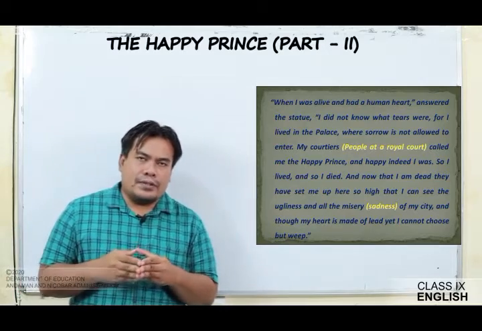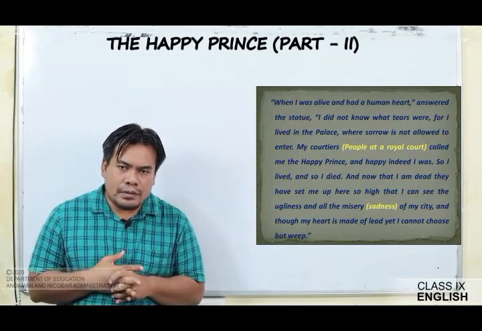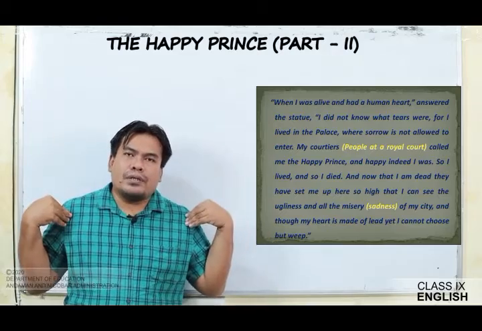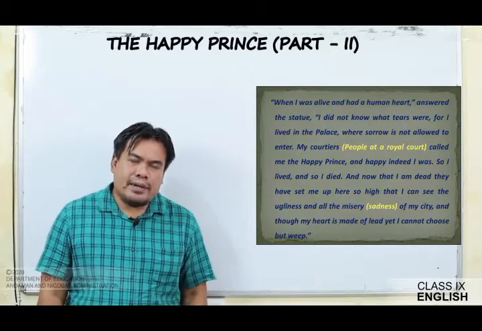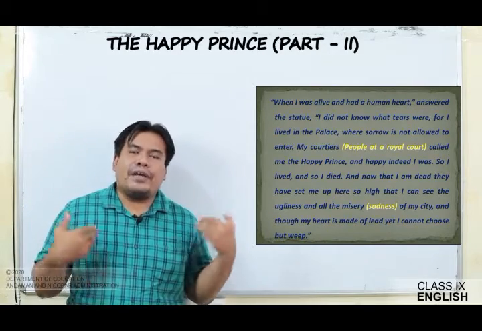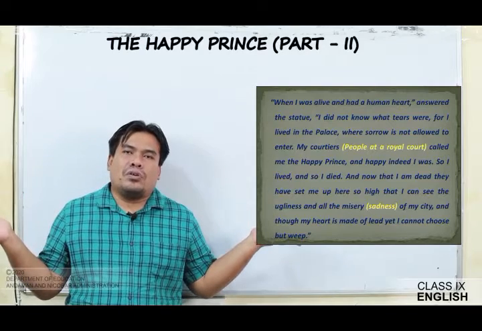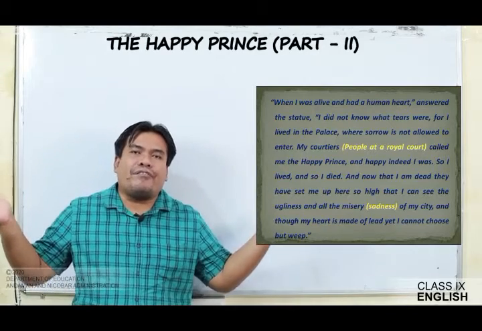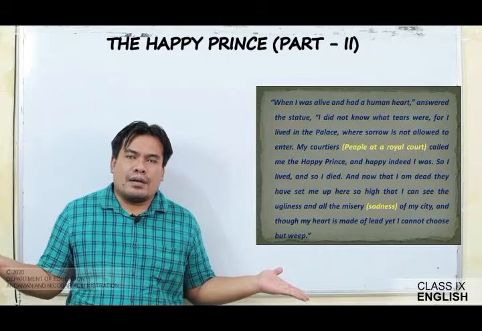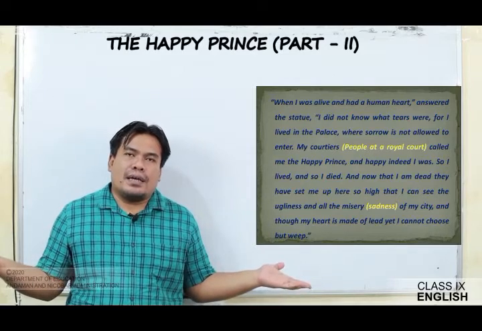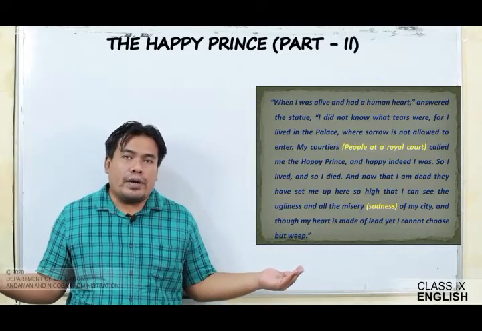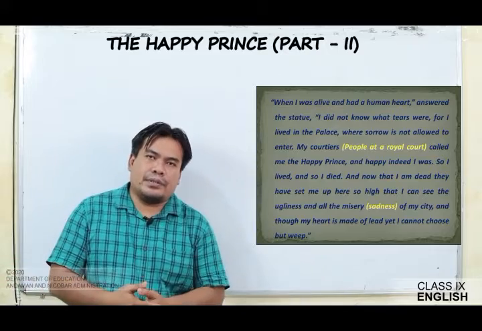All right, so let me repeat that. So I lived and so I died. That means that when he was living, he was having a lot of fun, and just because of that he was called the happy prince.